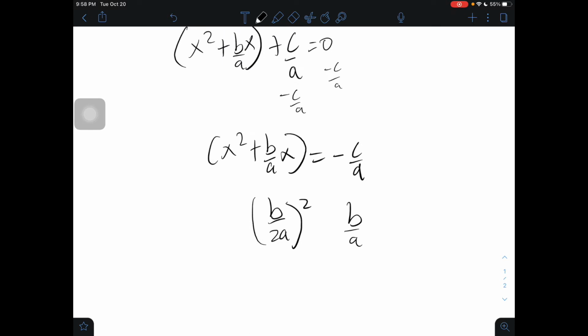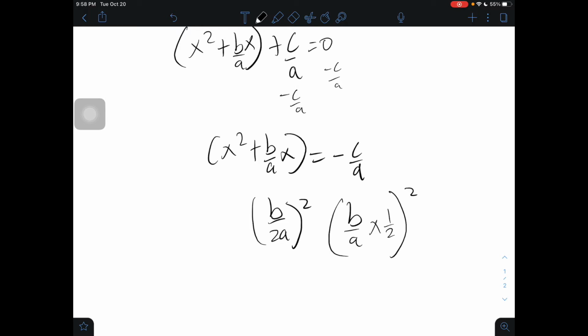So now we have b over a times 1 over 2, because dividing by 2 is the same thing as multiplying by 1/2. Whatever we get from here, we're going to square it.